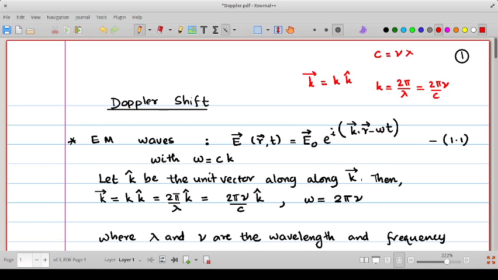Further, in an electromagnetic wave, the angular frequency omega and k are related by omega equal to ck. Since k equals 2 pi nu by c, this means omega equals 2 pi nu.